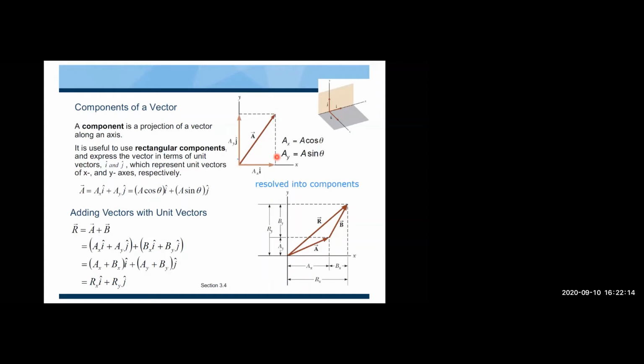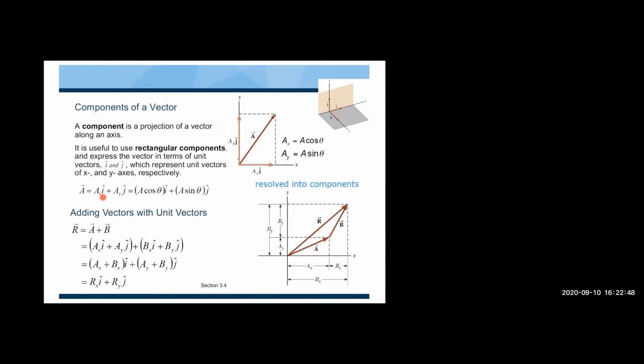You just try to find the X component by, well, trigonometric function, A cosine theta. And the Y component, A sine theta. So in this way, you have the X and Y components. And in order to make it easy to understand that they are vectors, we could rewrite the A vector into something like this. A vector is AX times I vector.